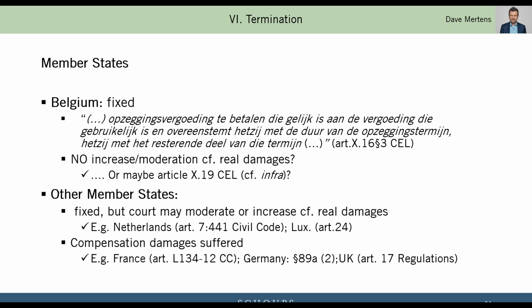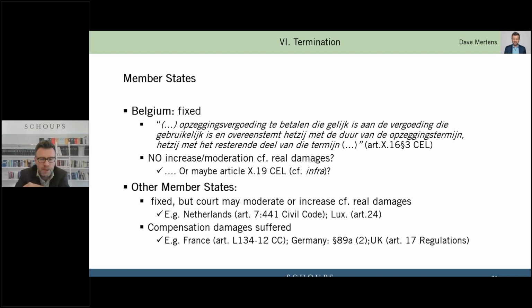And of course, in France, it's the compensation of actual damages suffered. So as long as you prove that it's actual damage suffered, you can claim under French law, for instance. Although there also the courts de facto look at a more fixed approach to years of average compensation. That's something we'll talk about later as well.